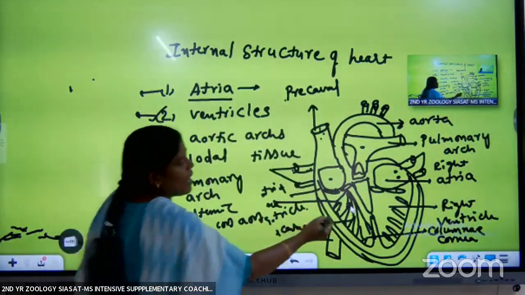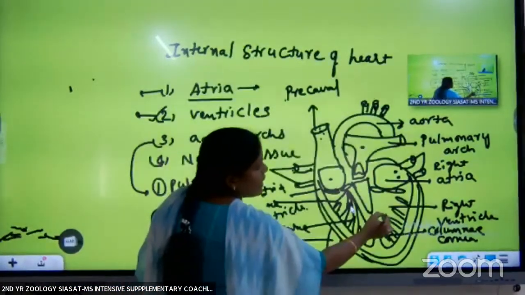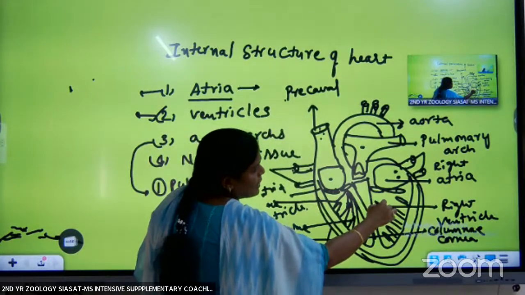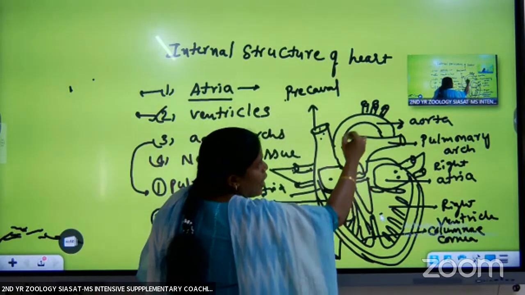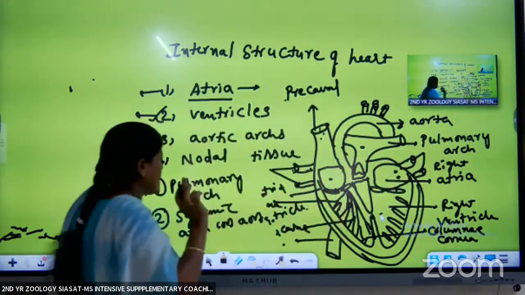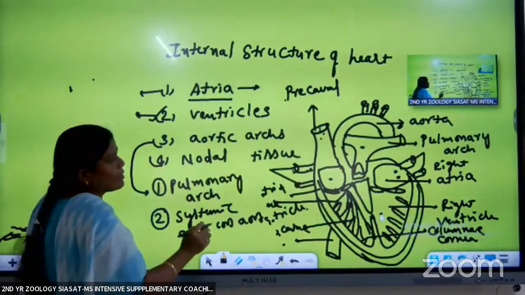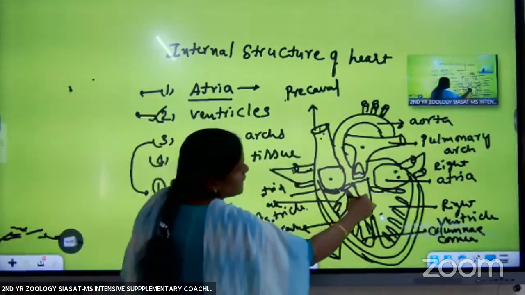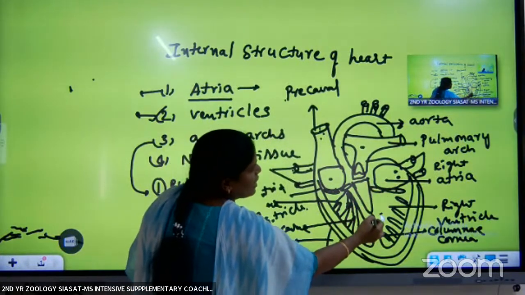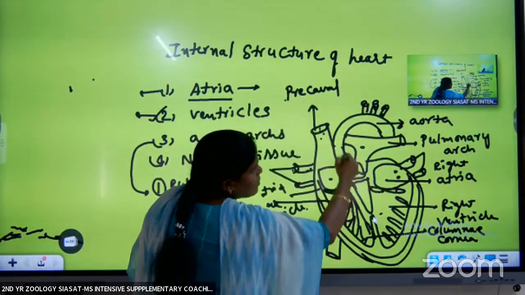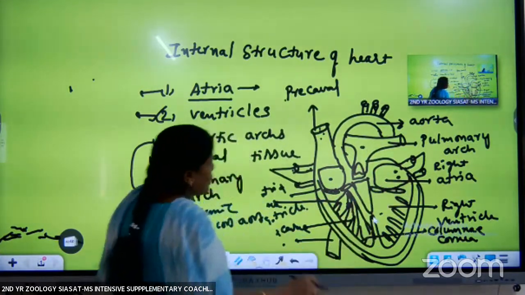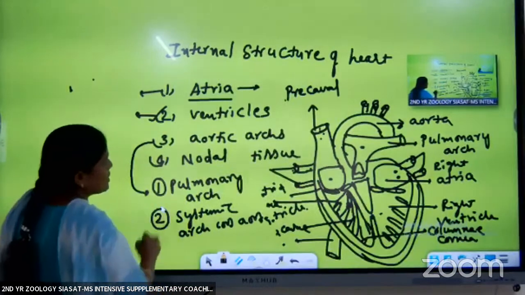It arises from the left ventricle, carries the oxygenated blood out and circulates it to all parts of the body. That is about the systemic arch.